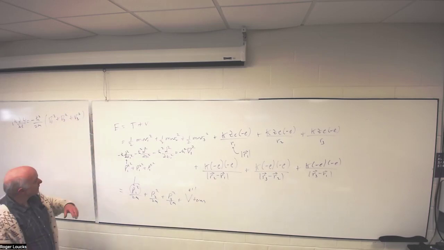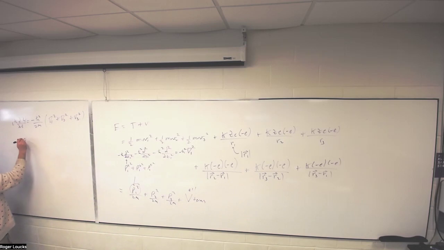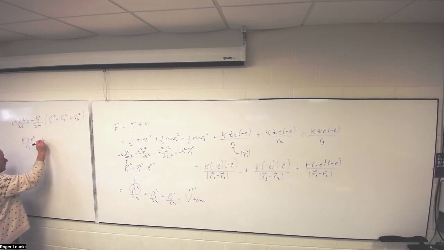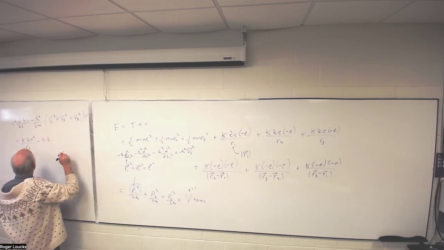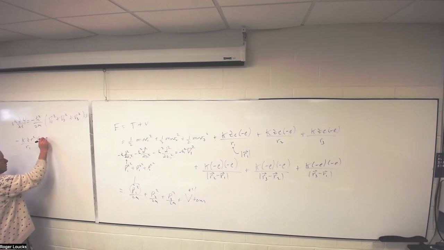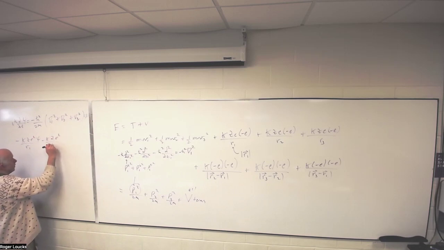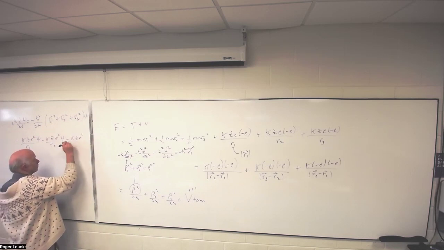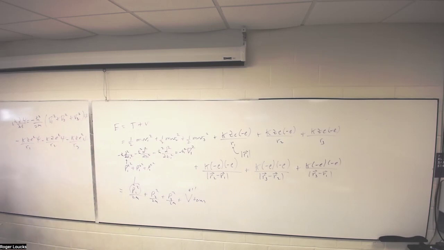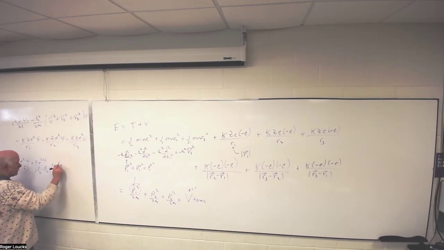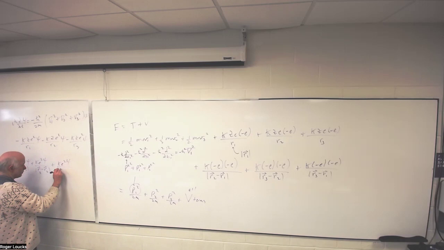Then all those potential energy terms, all acting on psi: minus k Z e squared over r1 psi, minus k Z e squared over r2 psi, minus k Z e squared over r3 psi, plus the electron repulsion terms k e squared over the magnitudes of the coordinate differences, times psi.